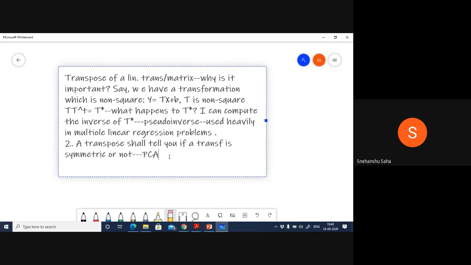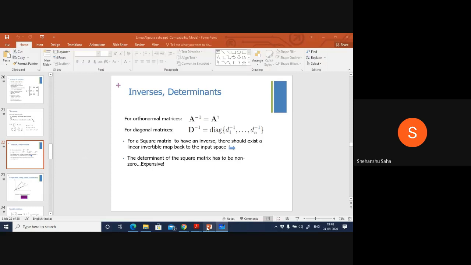So let's go back to the slide. So you have a transpose. Now there is another useful property of a transpose: there are very special types of transformations known as orthogonal transformations, and this has a direct connotation in many machine learning applications. If a transformation on a matrix has to be orthogonal, then this property has to be satisfied, which is that the transpose of the transformation and the inverse of the transformation are exactly the same.